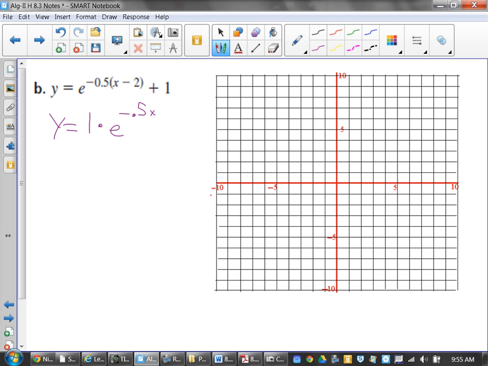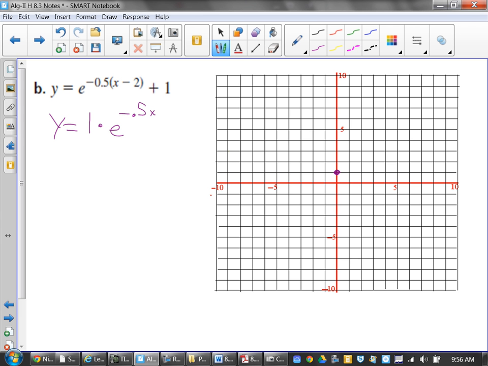Would you be okay with that? That would be the parent version of that? Yeah. All right. Where's my y-intercept? 1. It's at 1. Is it growth or decay? It's decay. Why is it decay? It's the negative R value. Negative R value. So that means since A is positive, this is going to go from right to left, moving upward. You okay with that?